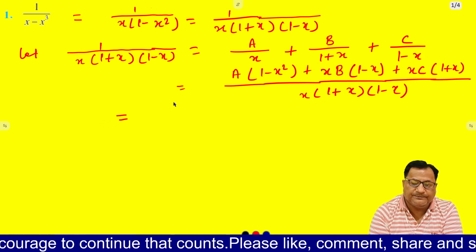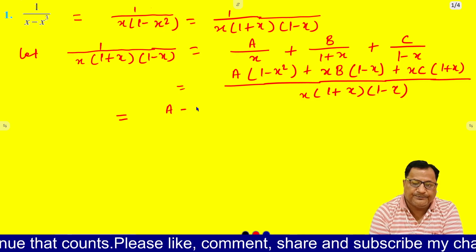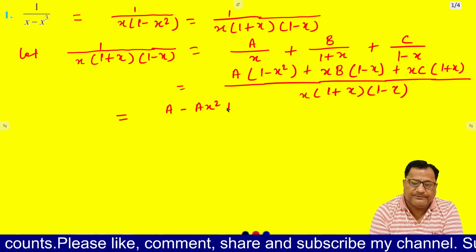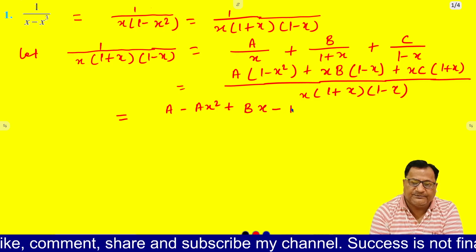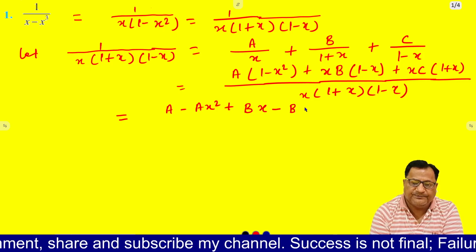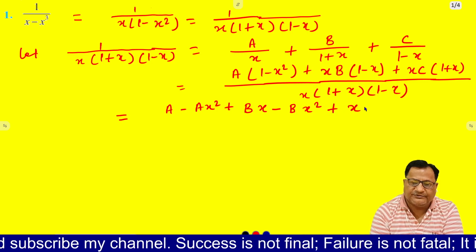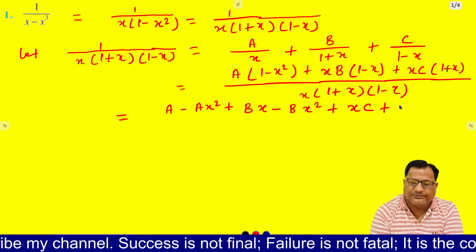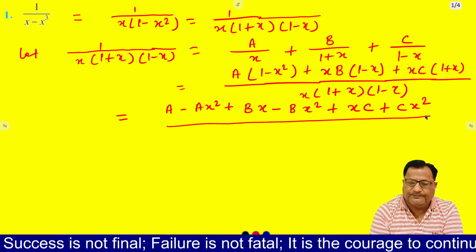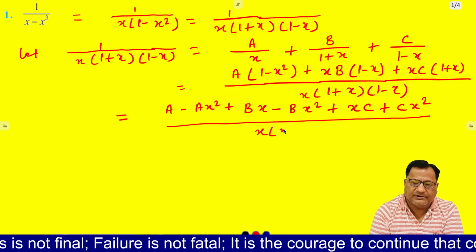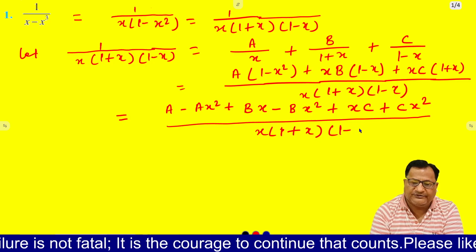So this will be, if we multiply, a minus ax squared plus bx minus bx squared plus xc plus cx squared, divided by x, 1 plus x, 1 minus x.